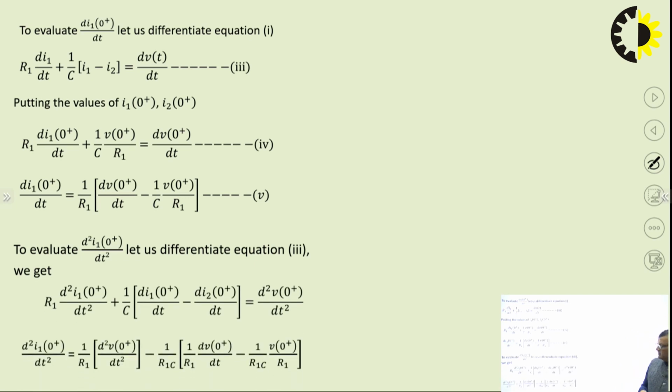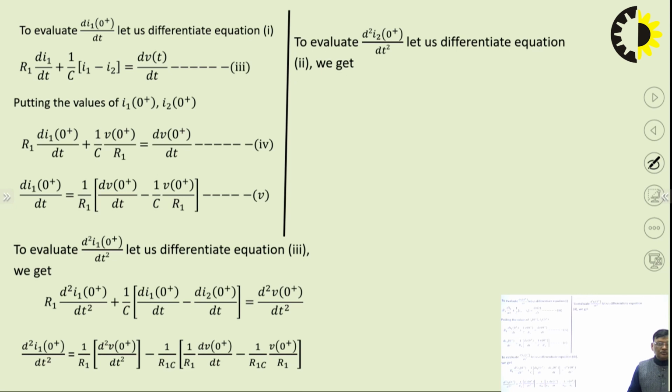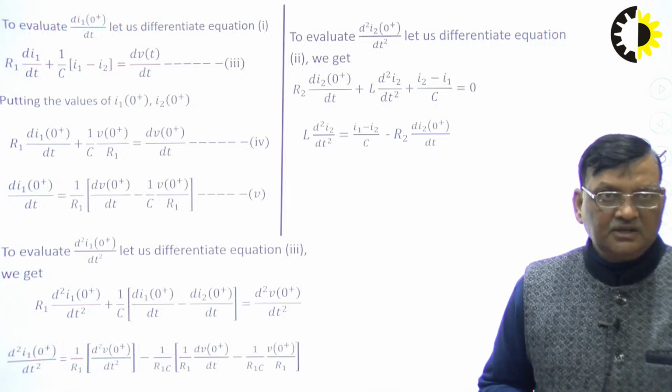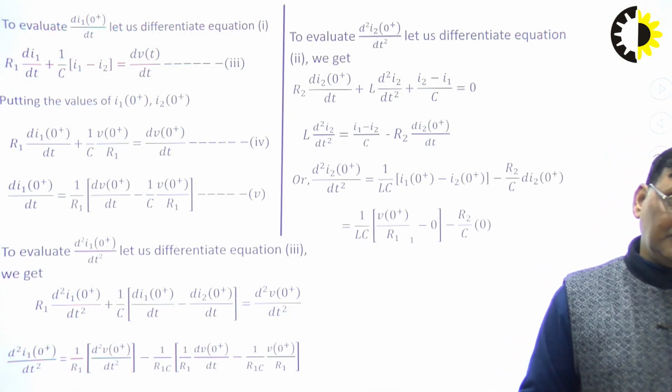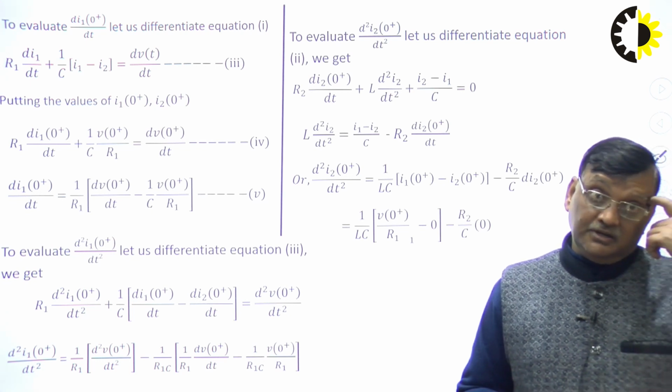And if we are required to find d²i1(0+)/dt², we again differentiate the third equation, and on simplification we can get the initial condition d²i1(0+)/dt². To evaluate d²i2(0+)/dt², we just differentiate the second equation to get d²i2/dt², and on simplification we can get d²i2/dt².